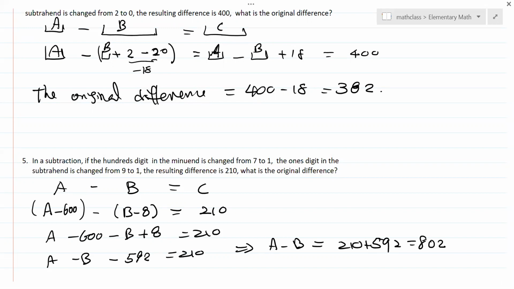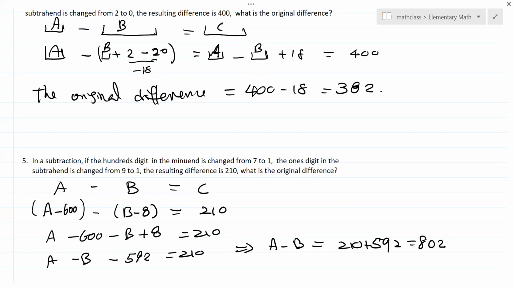Okay, let me go through again. You don't need to use ABCs to represent some numbers. We really don't need to know their values at the very beginning, but you have to modify. You see, A is modified to A minus 600 because the hundreds digit decreased from 7 to 1. Then for the second number, B, the ones digit is decreased from 9 to 1, so decreased by 8, so minus 8.